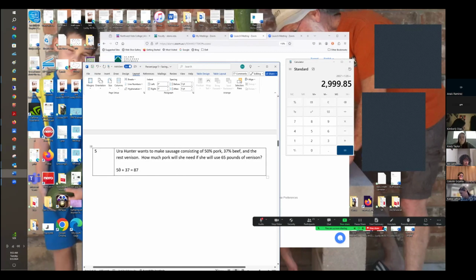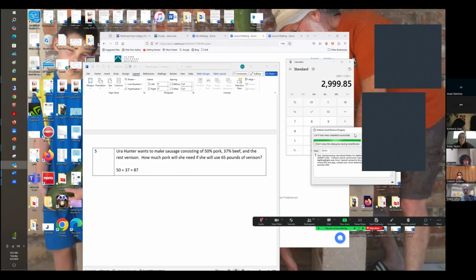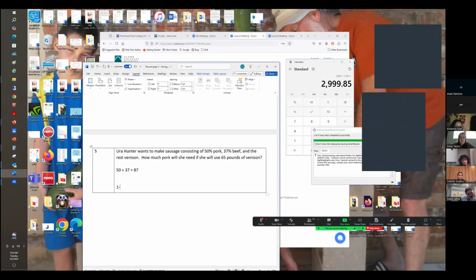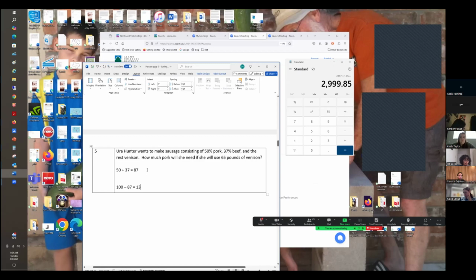Now, whatever's left, when you take 87% of it, is going to be the other 13%. 100% minus 87% equals 13%. I didn't put the percent just because I'm being very informal here. So 65 pounds of venison, that is the other 13% of the meat.